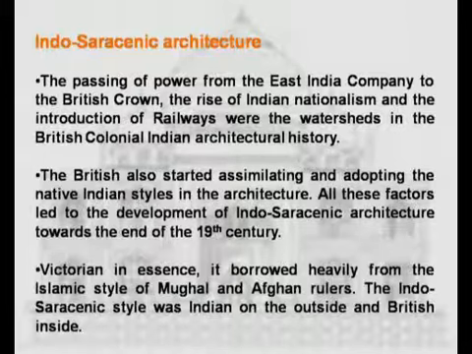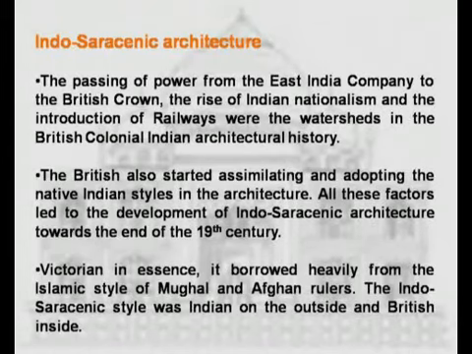The passing of power from East India Company to the British Crown after the 1857 revolt, the rise of Indian nationalism and the introduction of railways were the watersheds in the British colonial Indian architectural history.